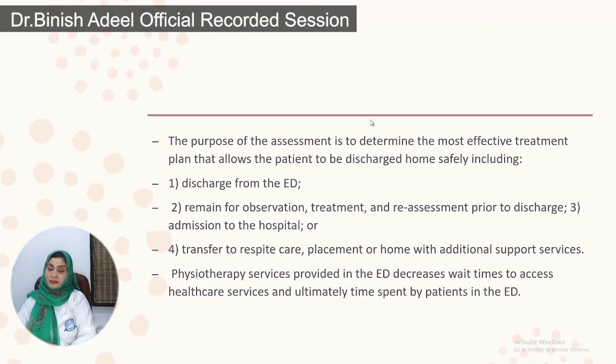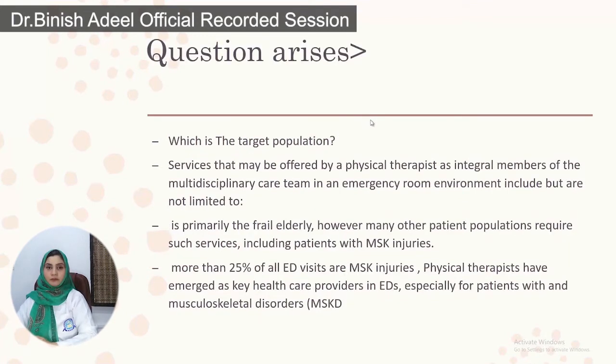The question arises, which is your target population? This is a very important question. As I've already highlighted, the population who is not in a life-threatening condition, you can entertain them, but also which kind of population? By which kind of population I mean the frail elderly.